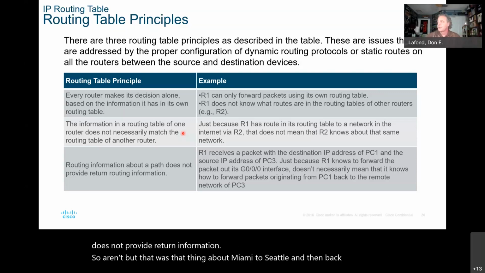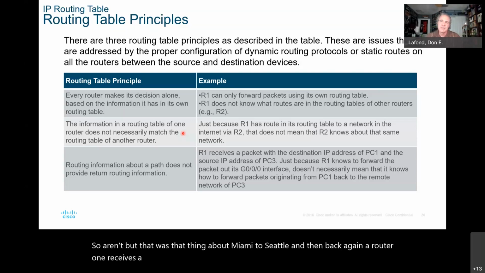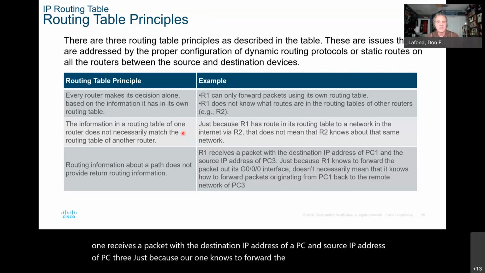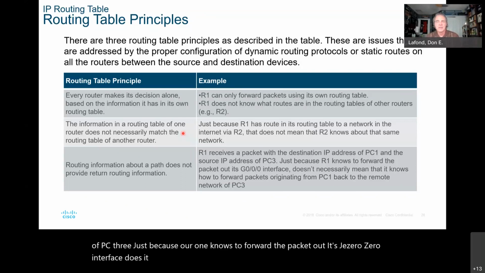Router 1 receives a packet with the destination IP address of a PC and the source IP address of PC3. Just because R1 knows to forward the packet out its G0/0 interface doesn't mean that it knows how to forward packets originating from PC1 to the remote network of PC3.